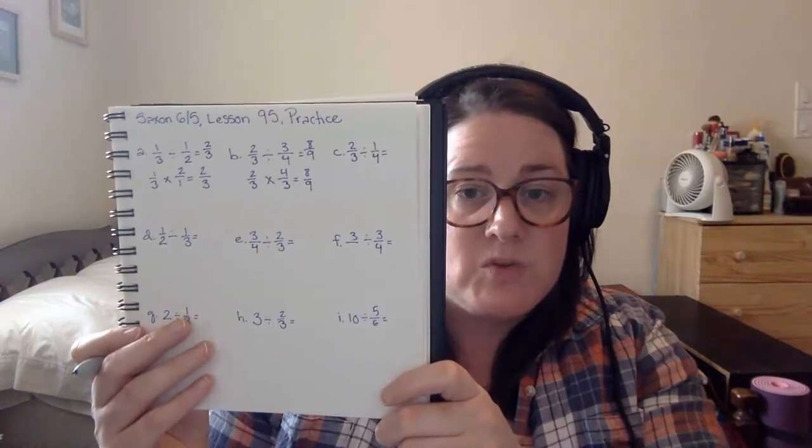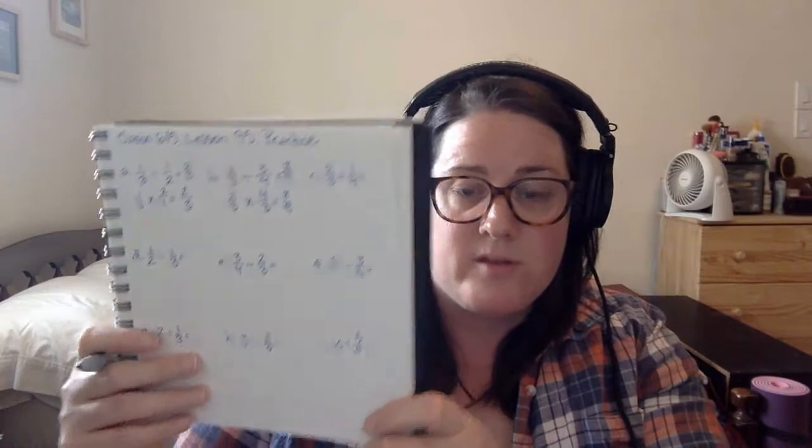C asks me 2/3 divided by 1/4. My first fraction, 2/3, remains the same. My division becomes multiplication. My second fraction, I use the reciprocal. The reciprocal of 1/4 is 4/1.